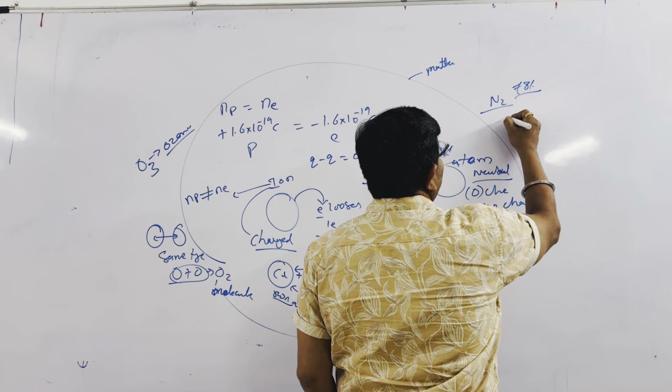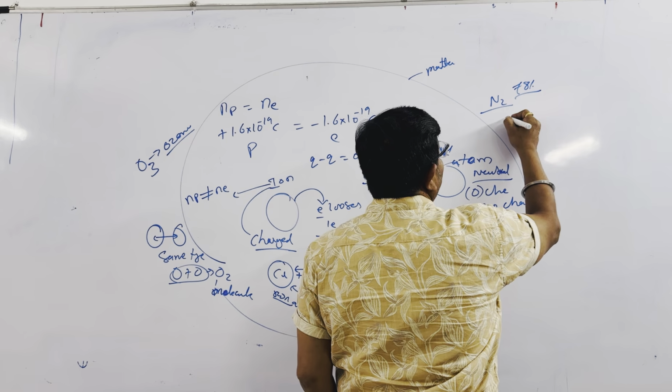When an atom combines with another atom of the same type, like oxygen plus oxygen, it forms an O2 molecule. Molecule means, we'll discuss later.